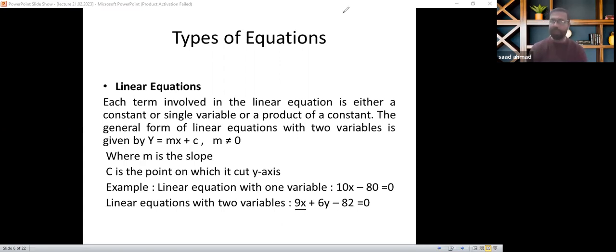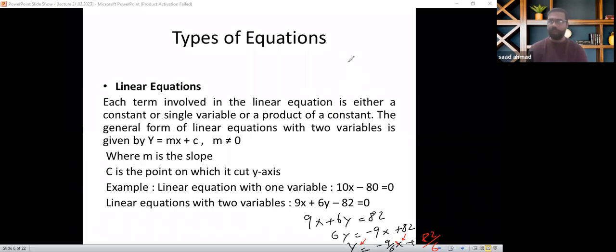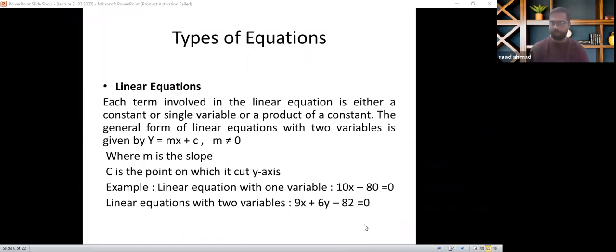You can convert it into slope-intercept form, or into the standard form of a line, and then you can divide it by 6. Then you can see that this equation is true only for some particular values of x. When you input a particular value of x, you will get only particular values of y for which the equation is true.